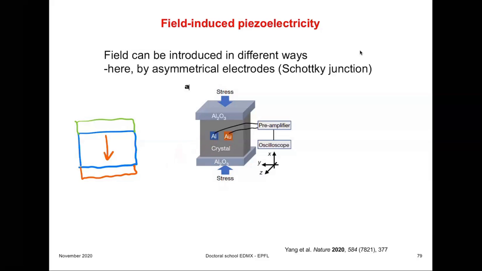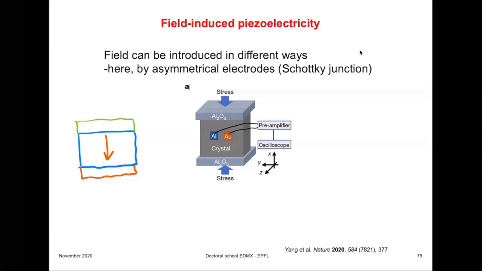They bend the bands in the material in a different way. There will be a field in that region of the material, and the material will behave like it is piezoelectric. The effect is actually relatively small, but it's interesting.